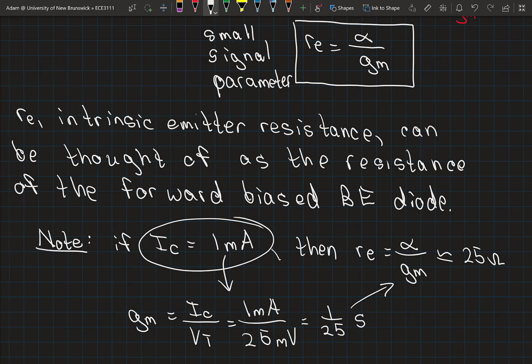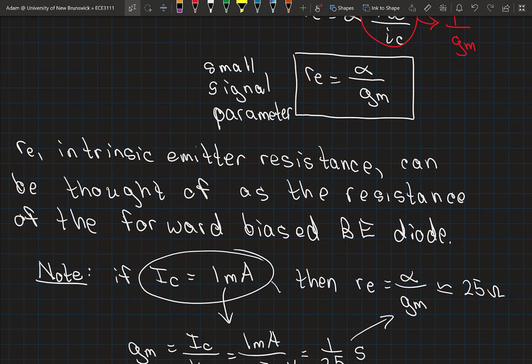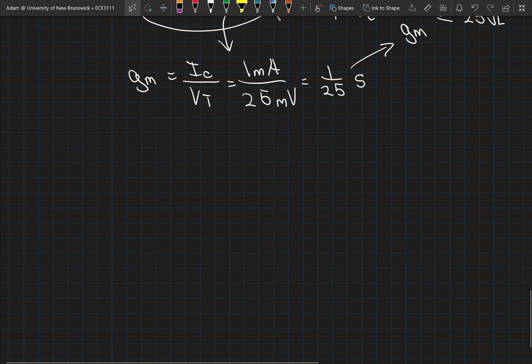Okay, so that's our T model and the associated intrinsic emitter resistance that is in that T model. So let's now look at our pi model.